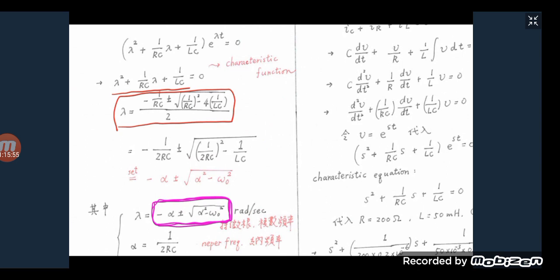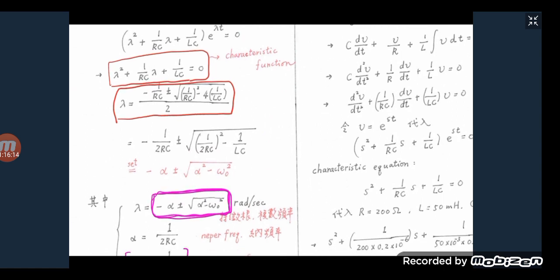I think everyone should remember this formula, negative b plus or minus the square root of b squared minus 4ac, over 2a. So you can see that, okay, here the equation is a special term which is called the characteristic function. So here the variable lambda is equal to this one.